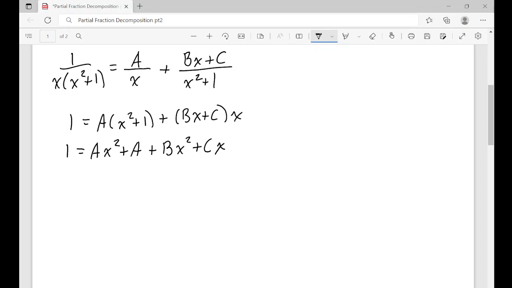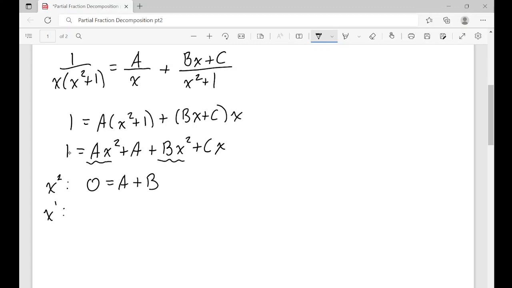And so the highest exponent here is a 2, so I'm going to find out all the coefficients for x squared. So on the left, there are none, so I say it's 0 equals, and all the coefficients of x squared are a and b, so a plus b. So done with those two. And now next is going to be the coefficients of x, so x to the first.